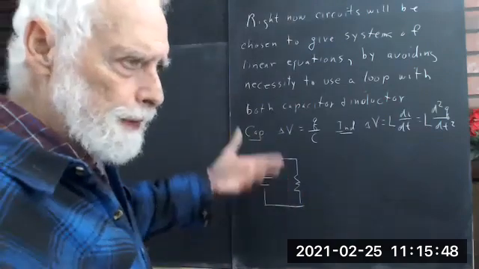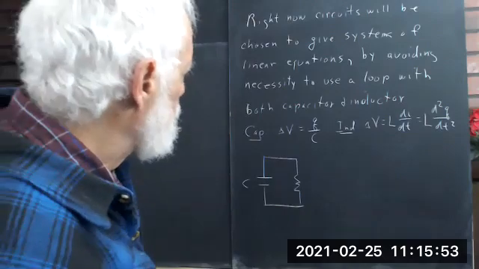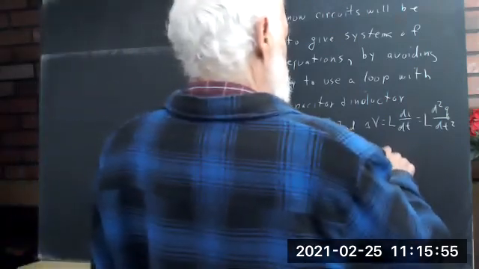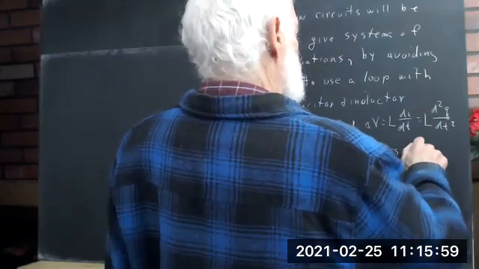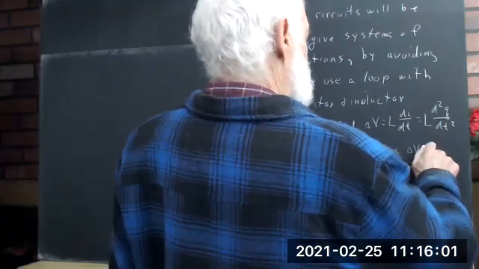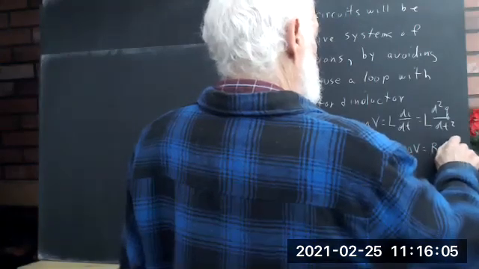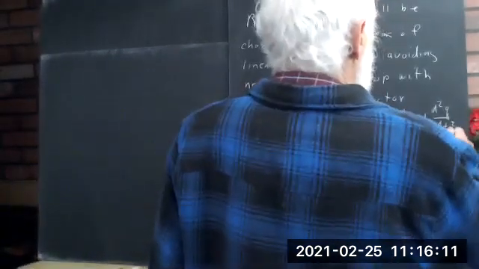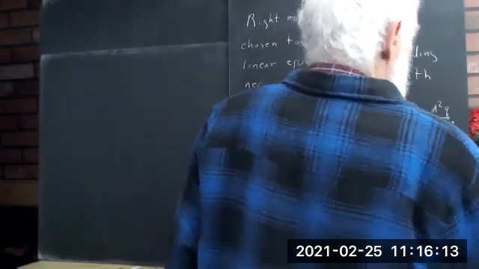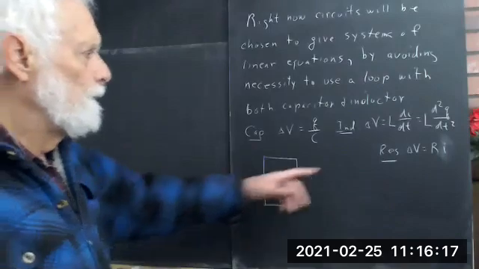Well, for a resistor, I didn't write it down, but we assume we know this, let's just write it down over here just for reference. Resistor, the voltage drop equals R times I. Doing too much linear algebra. Okay, R times I.